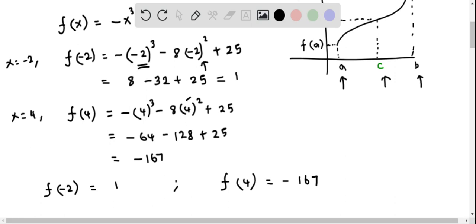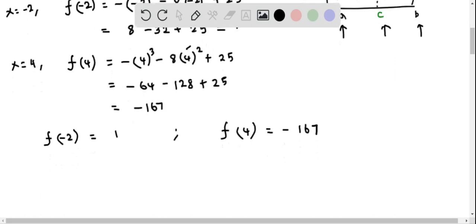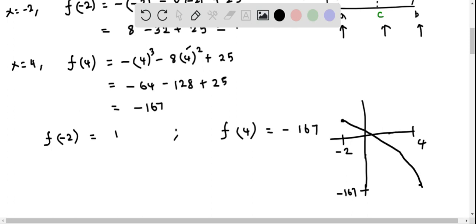And so definitely 0 lies between these two values, because if we plot these values, let's say that this is f of negative 2 and this is f of 4. F of negative 2 is 1. Let me plot it here. And f of 4 is negative 167. Let's say that this is negative 167. So here it is, this point. So the graph is defined like this.